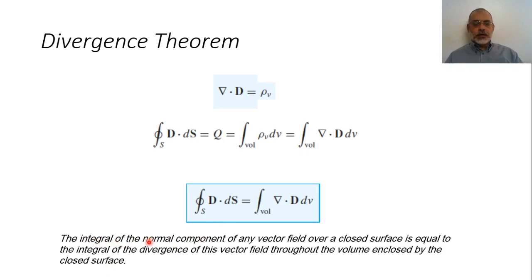The integral of the normal component, which is related to the dot product, of any vector field over a closed surface equals the integral of the divergence of this vector through the volume enclosed by this surface. This is known as the divergence theorem.